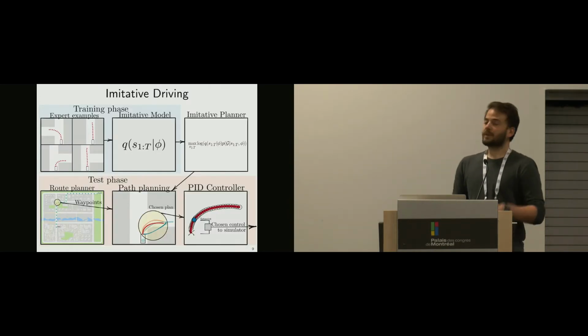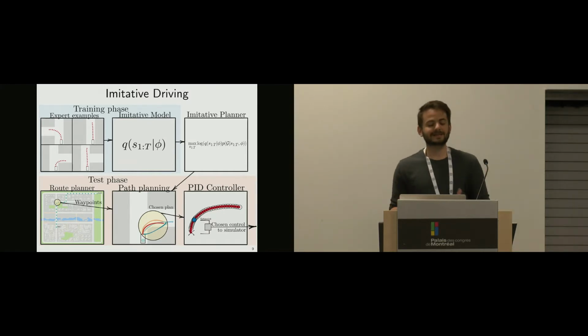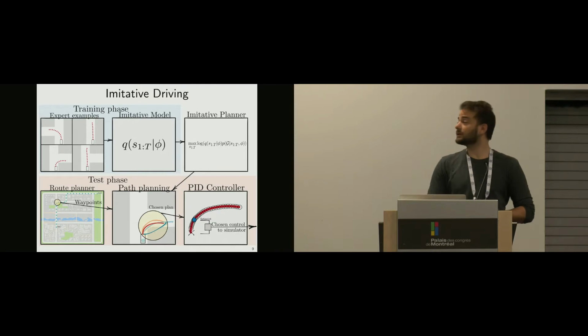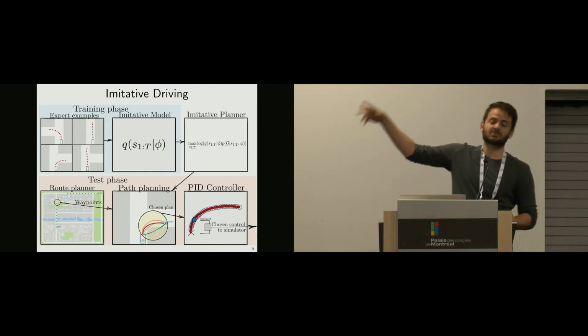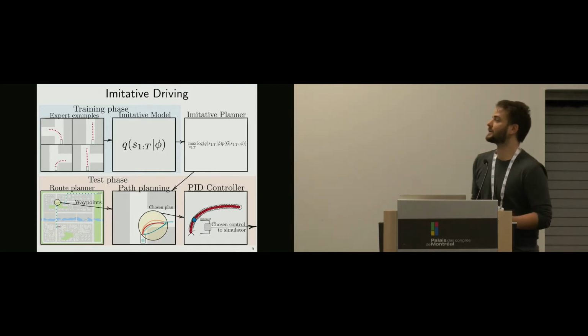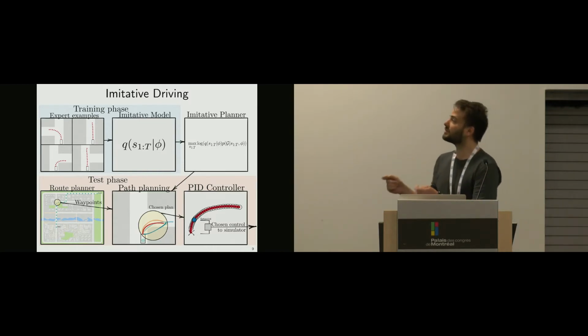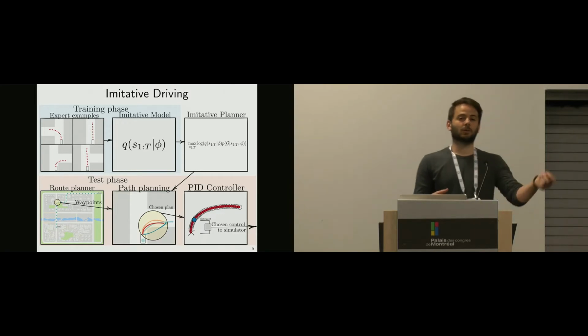Okay, so our most basic task that we can use this model for is, once you've done the training, so this blue box, you can construct an imitative planner. So it's basically a planner that's incorporating this learned model over expert trajectories and use it to navigate to faraway goals.